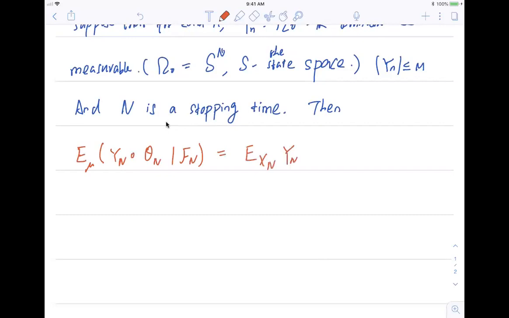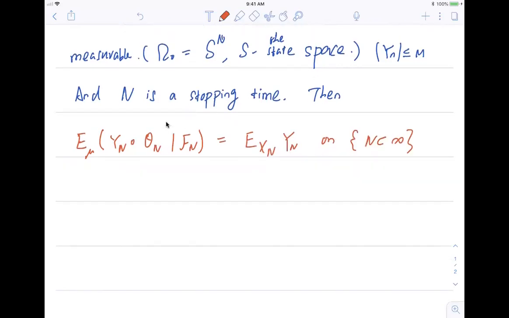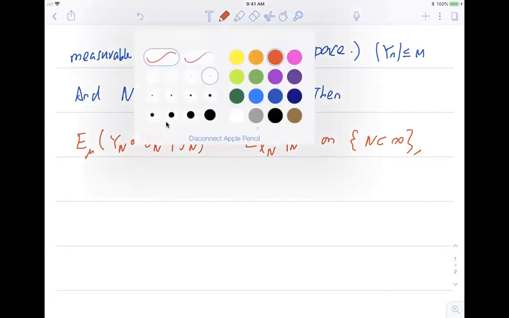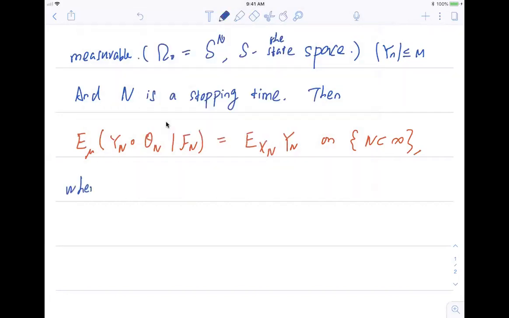This is an equality for two random variables, and these are true on the set where the stopping time is finite. I want to emphasize what the right hand side means.